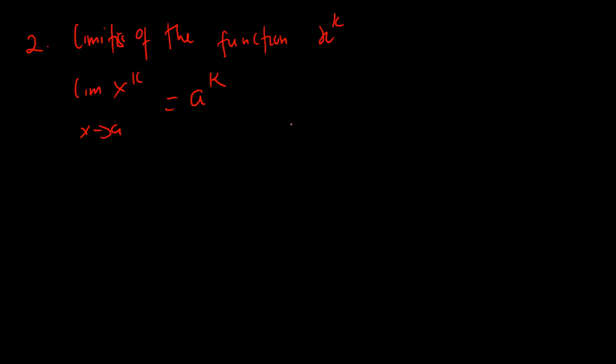For instance, if you have limit of x to the power 5 as x approaches 2, then this is going to be equal to, remember, we just want to substitute this value 2 into the function.